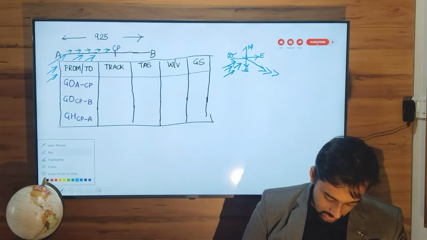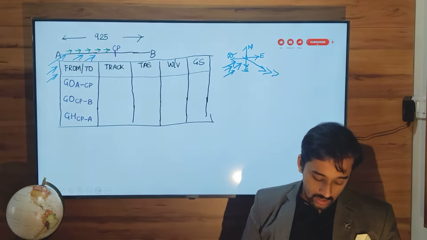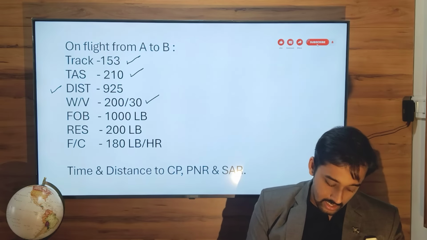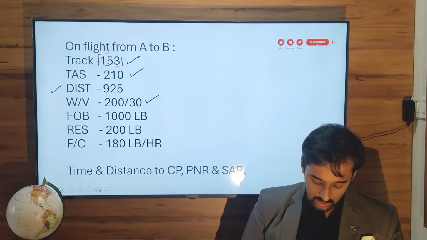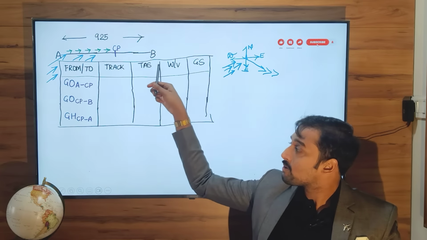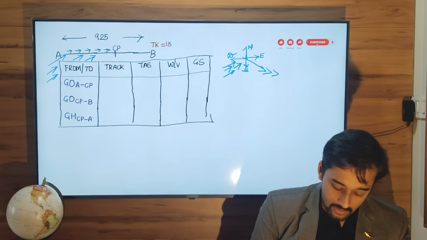So first, the ground speed outbound, A to CP. Now, when you're going from A to CP, your initial track is A to B, which is 153. So A to B, your track is how much? 153.